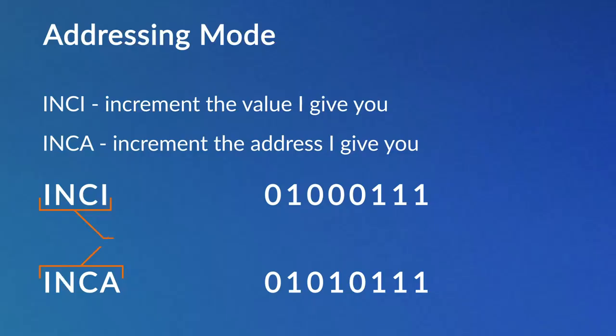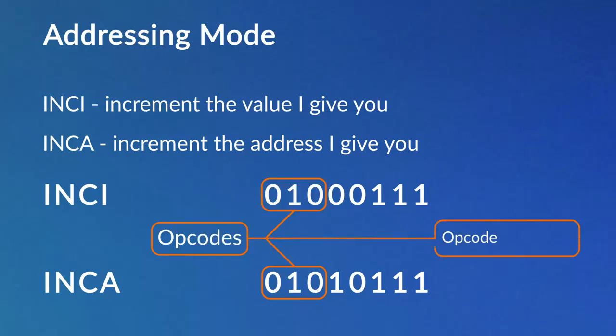Or some will have part of the opcode, maybe the last few bits, to indicate the addressing mode to be used. Having fewer instructions may be simpler for the programmer, but may be inefficient in the use of bits for the overall instruction.